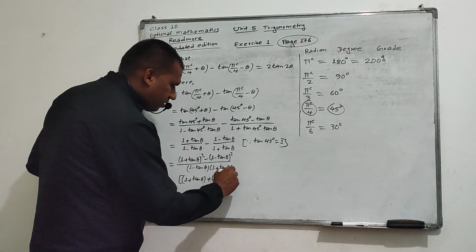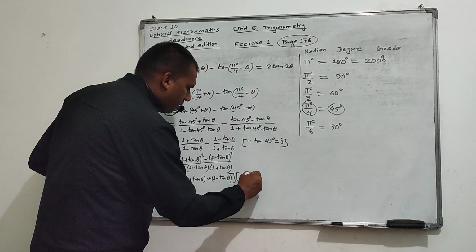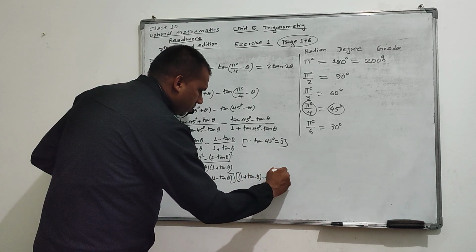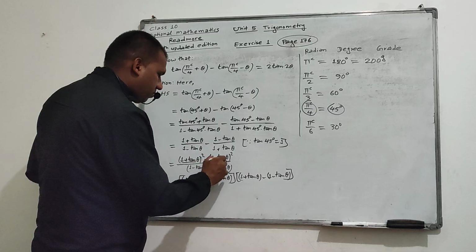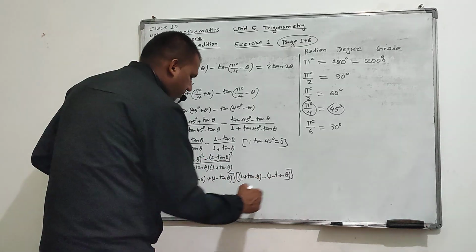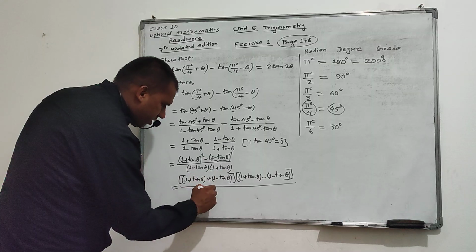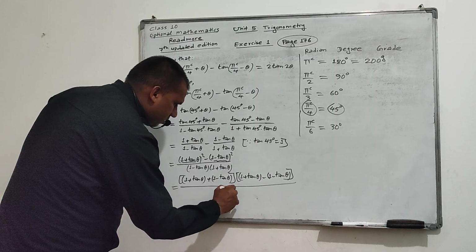Similarly a minus b is 1 plus tan theta minus 1 minus tan theta. A square minus b square form, a plus b, a minus b, all upon a plus b, a minus b, a square minus b square.